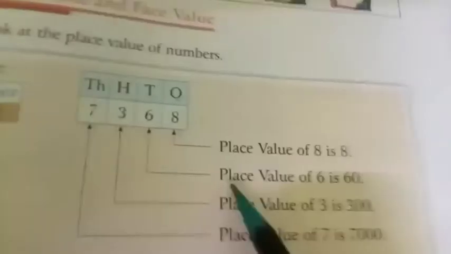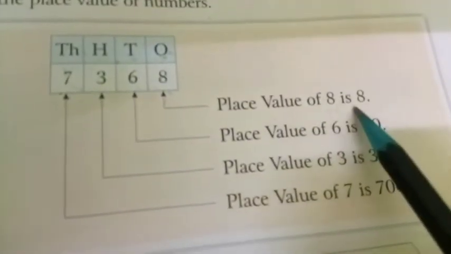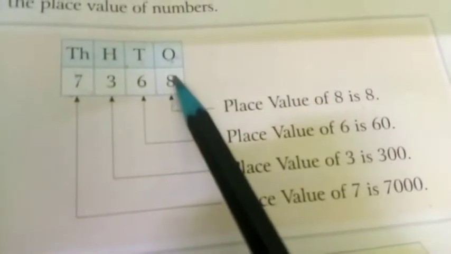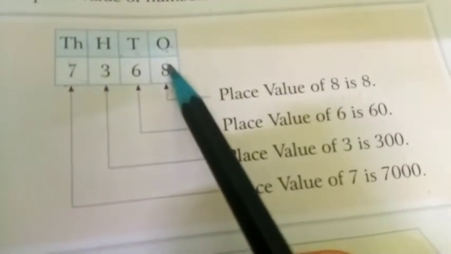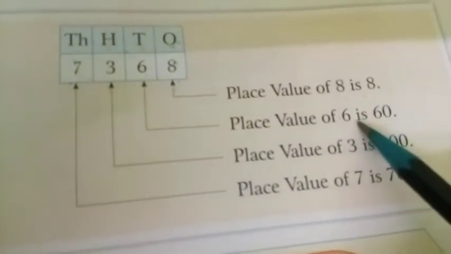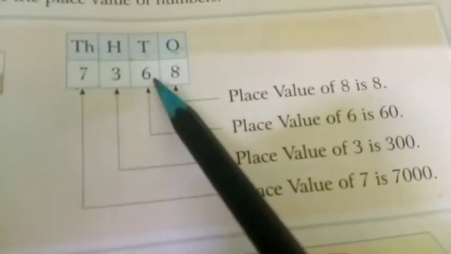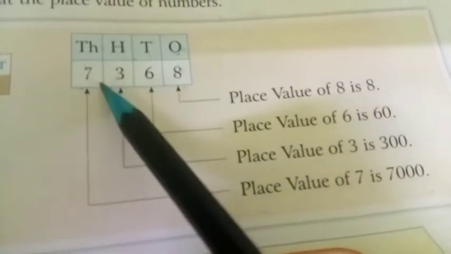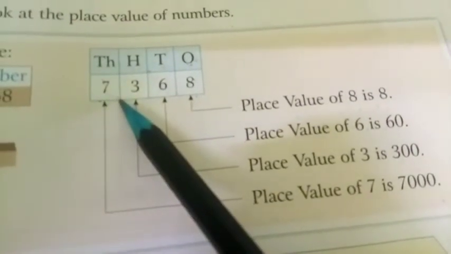So when you see here, place value of 8 is 8 because 8 is on ones place. Place value of 6 is 60 because 6 is on tens place. Now what will be the place value of 3?